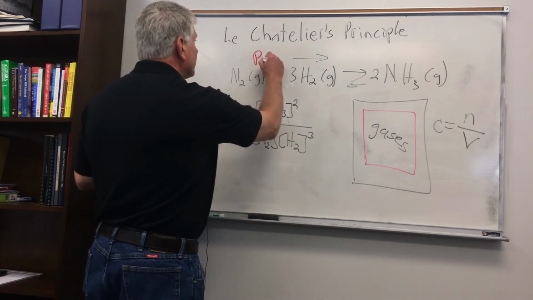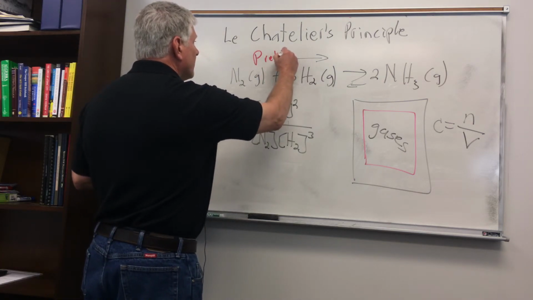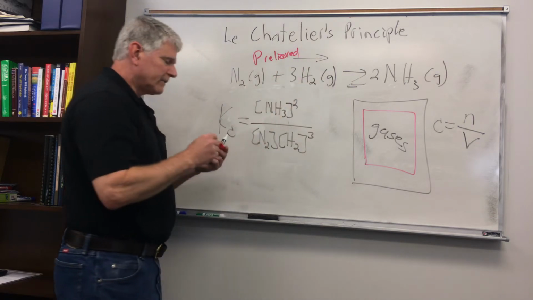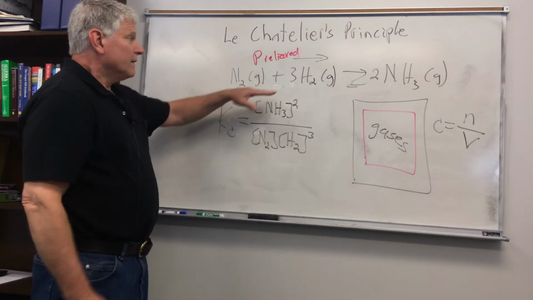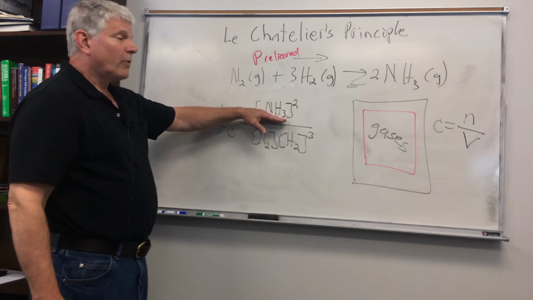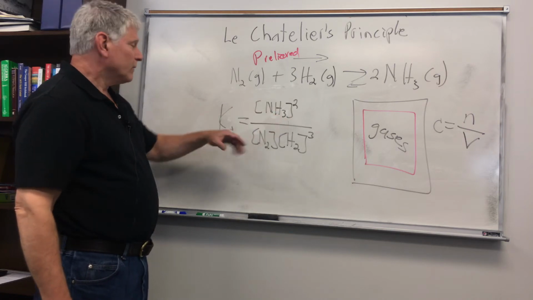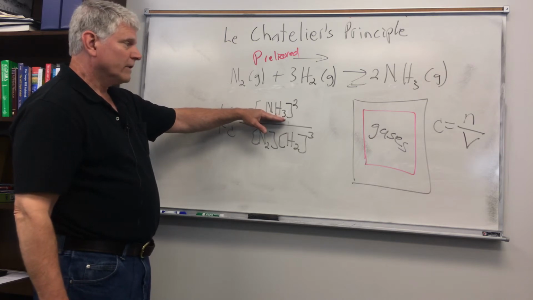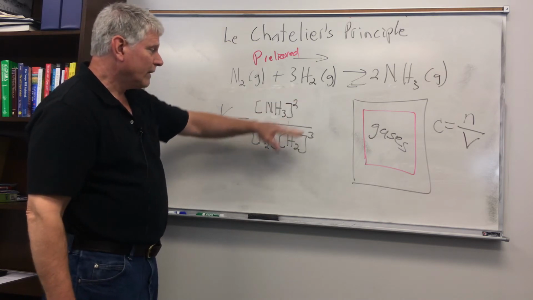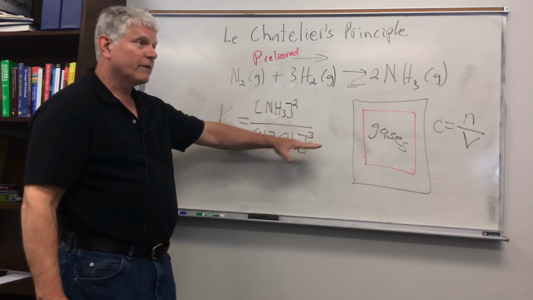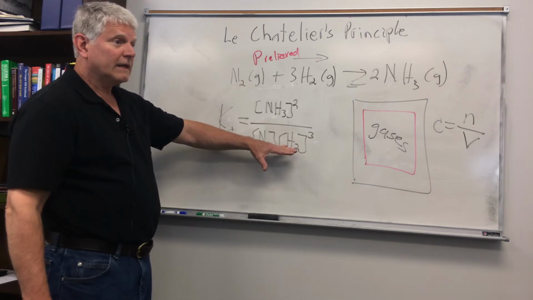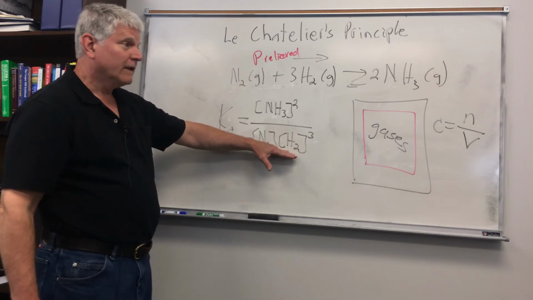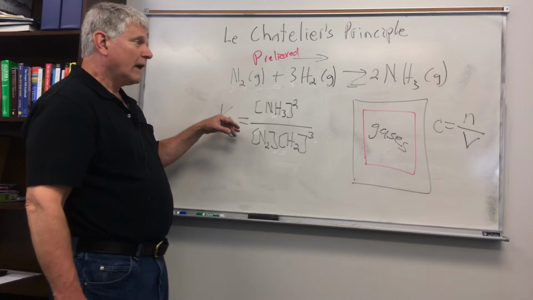So pressure is relieved by the reaction going to the right. Then we'll increase the number of product molecules so that the equilibrium constant will go back to its original value. Because remember, we have concentration squared on top, concentration to the fourth on the bottom. So if we increase the concentration, the reaction will be away from equilibrium.